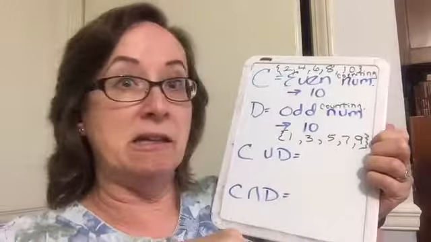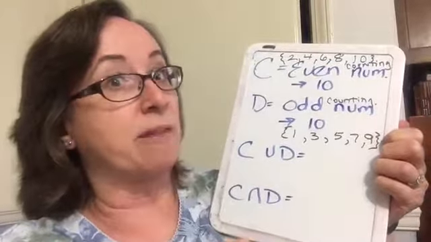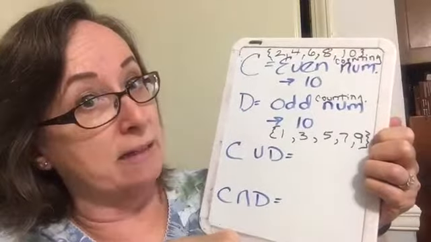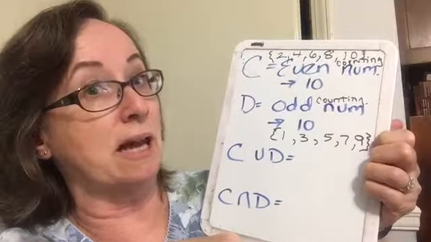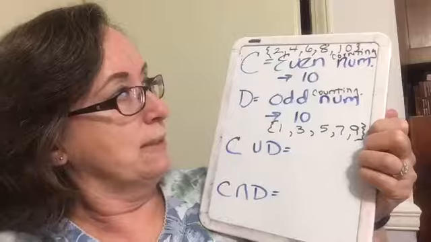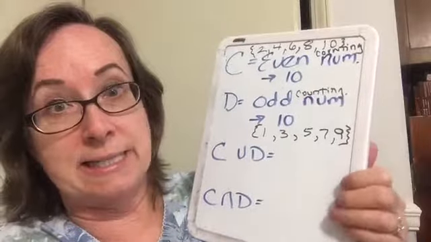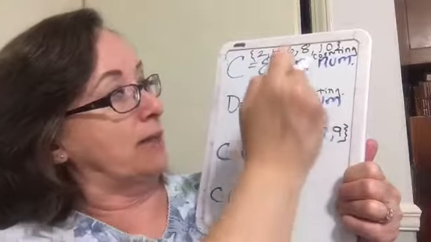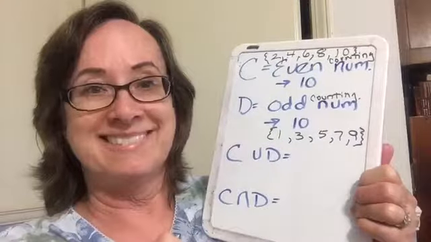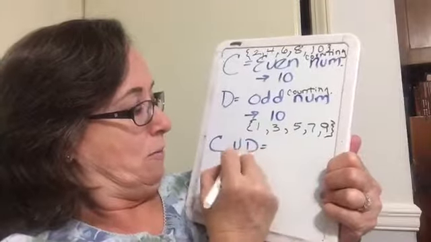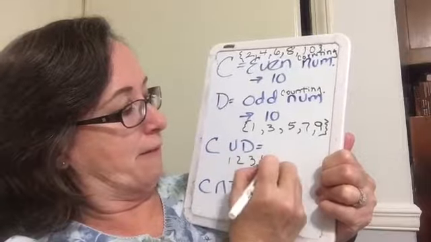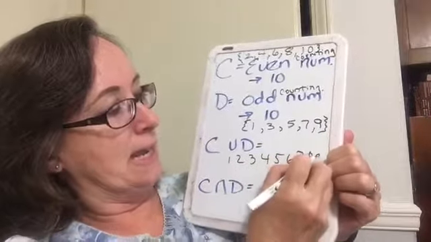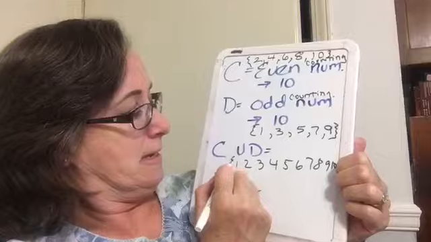Okay, so C union D means I throw C and D both in a sack, and I only count everything one time. So C union D is going to have 1, 2, 3, 4, 5, 6, 7, 8, 9, 10.